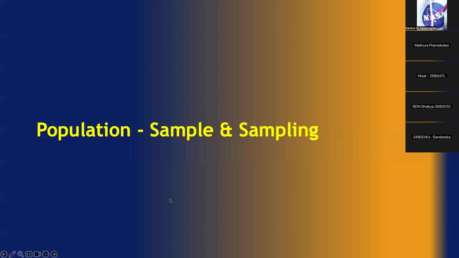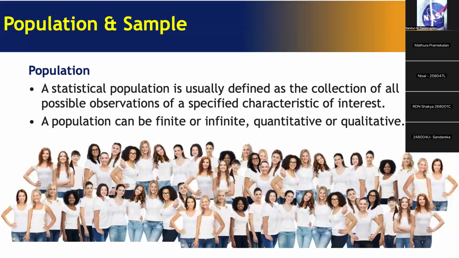The system is identical. Okay, let's look at, without spending too much time, what is a population, a sample, and sampling. So a population is like this. A statistical population is usually defined as a collection of all possible observations. I just took this image.